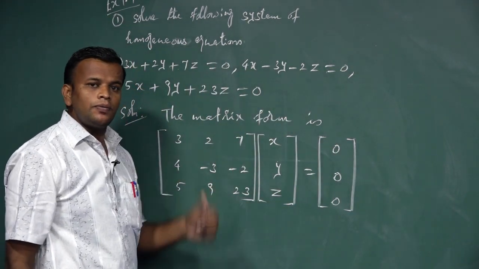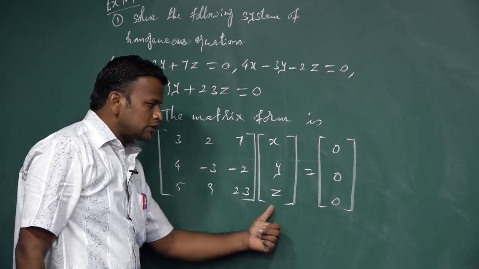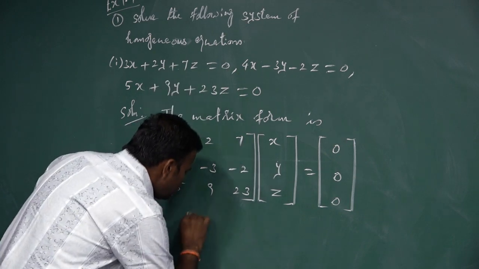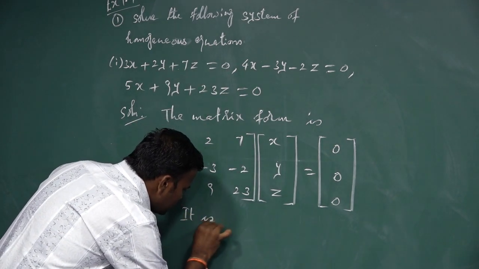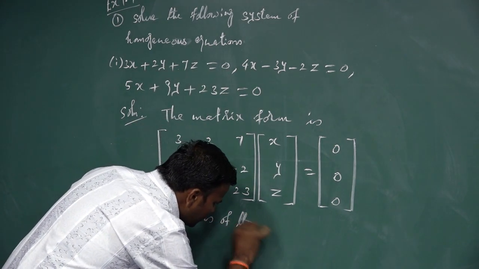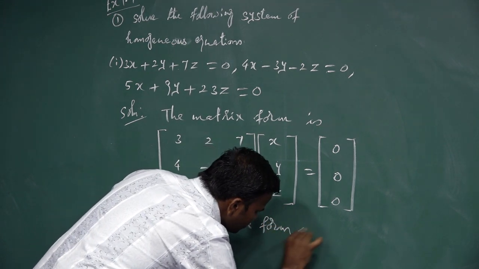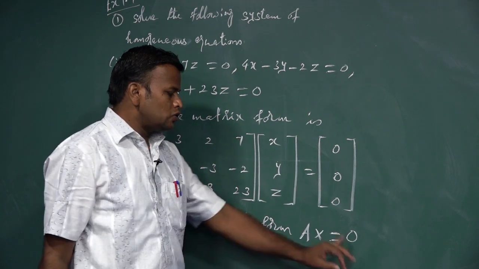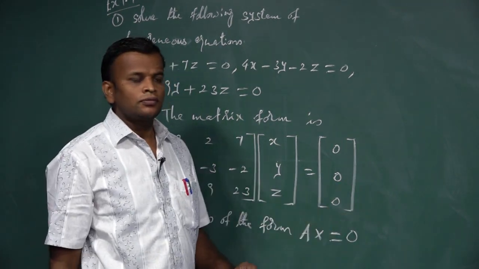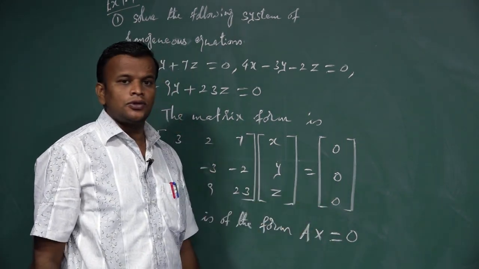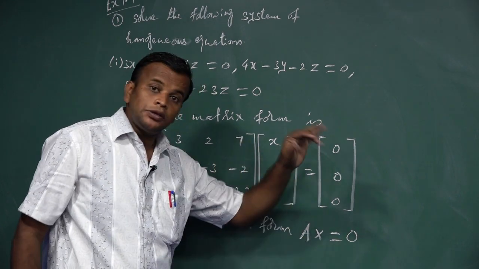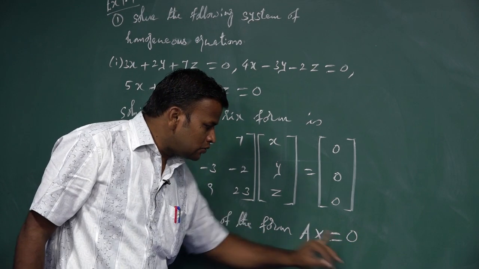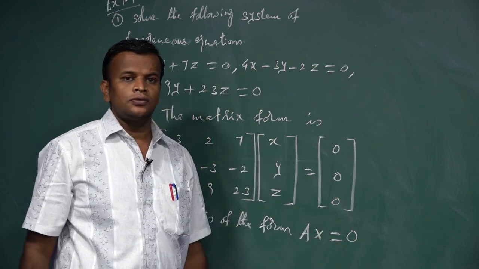Now it is of the form AX equals a 0 matrix, so I say it is 0. Usually we write AX equals B, because some numbers occur, but in this matrix all values are 0, so I say it is AX equals 0.